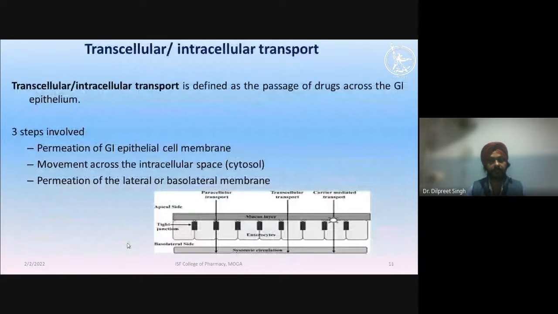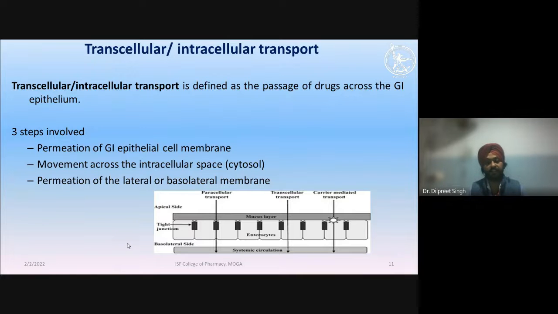So we can study them one by one. Transcellular transport is defined as the passage of the drug across the gastrointestinal epithelium. Three steps are involved: permeation of the GI epithelial cell membrane, movement across the intracellular space, that is the cytosol, and permeation of the lateral or basolateral membrane. The movement across the cytosol is held through enterocytes, and the enterocytes are linked by tight junctions.